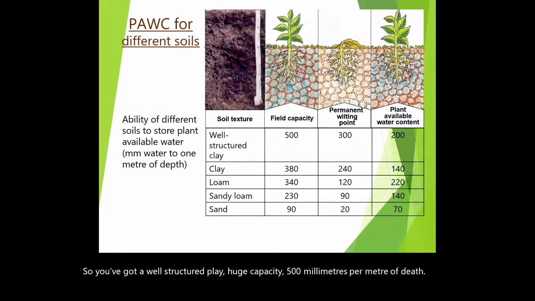But when you look at the wilting point, or when the plant stops getting water out of that dirt, it's still got 300 millimetres left in there. The plants can't access it because of the structure. If it cracks and breaks into peds, the roots can't access the water. So you've only got 200 mil in that really good clay that plants can get at.